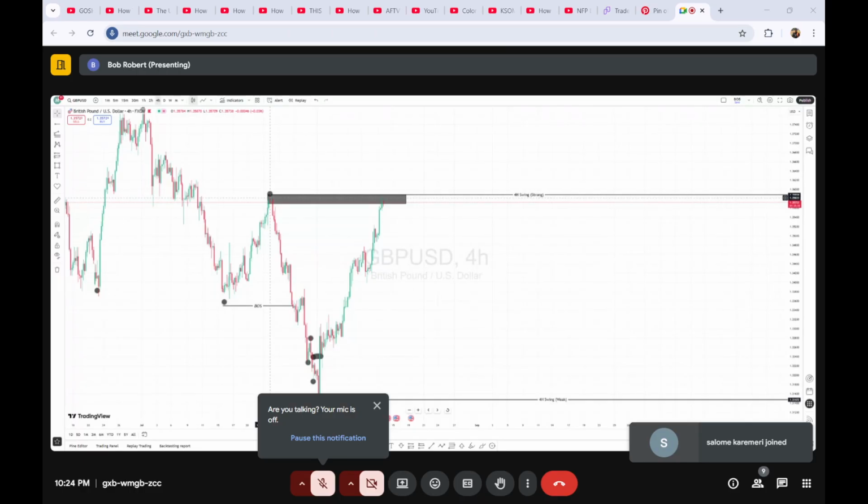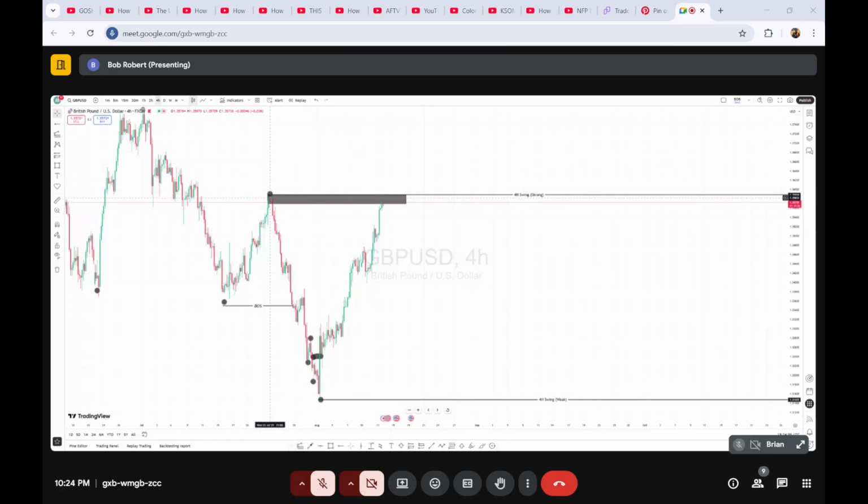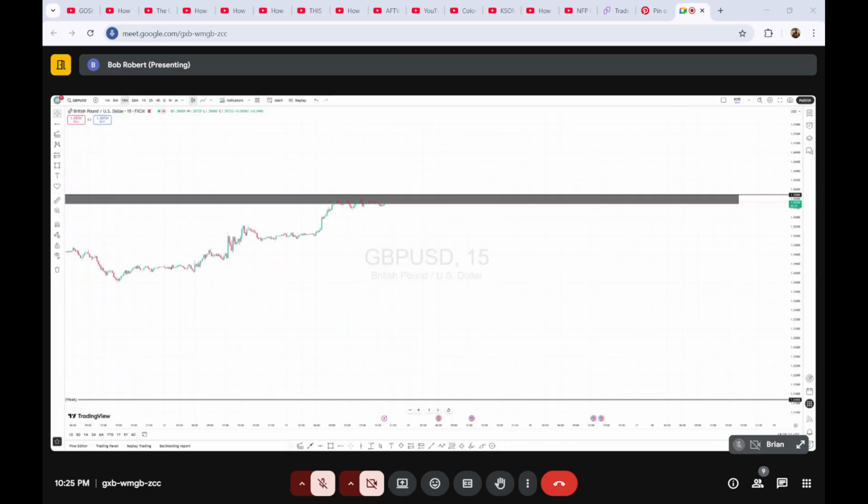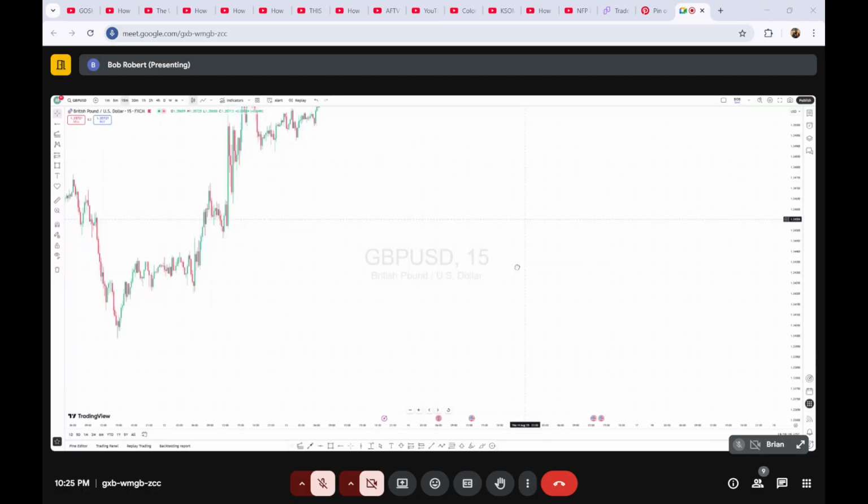So that's why I've said now we have 2 types of traders. We have the conservative and we have the aggressive. Those are 2 types of traders. For the aggressive traders, they will not wait, let me start with the conservative. For the conservative trader, will wait for market to give us a 15 minutes change of character. So they will shift to 15 minute time frame and wait for market to give us a change of character.